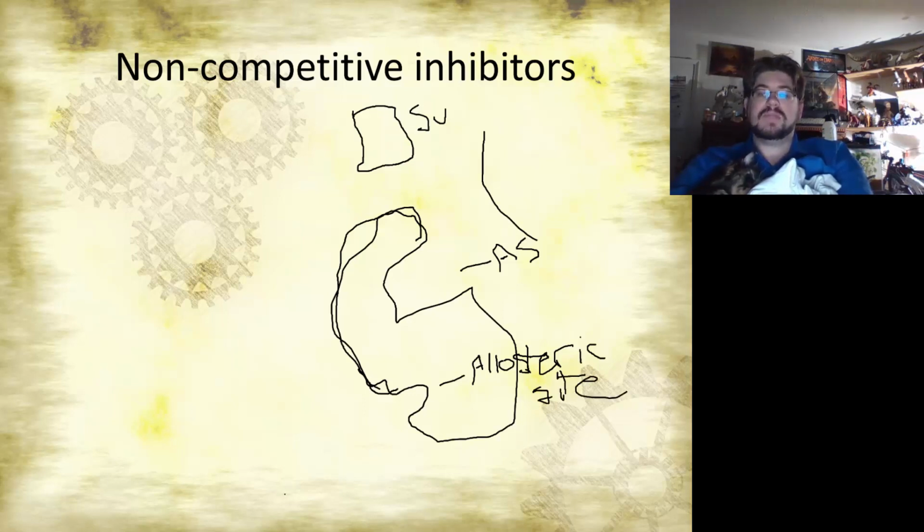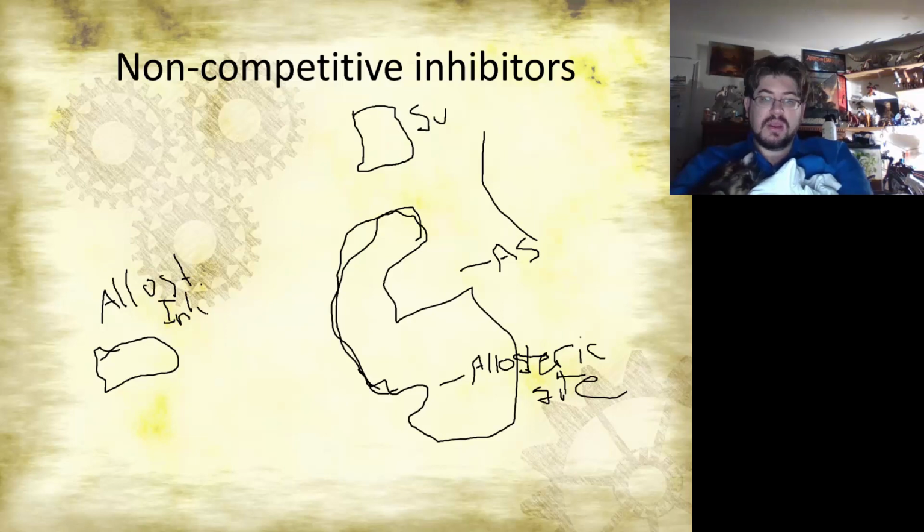Oh, looks so good. An allosteric site is a binding site that has nothing to do with the active site at the moment. So in non-competitive inhibitors, we have the presence of an allosteric site. And here's my allosteric inhibitor. Oh, that's close enough.